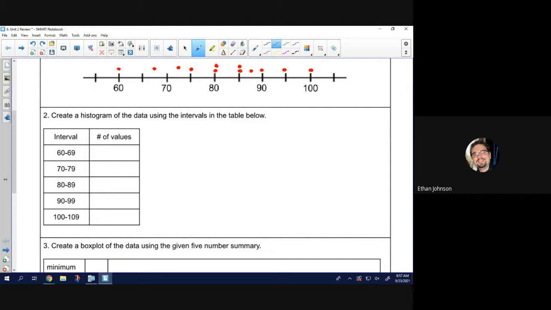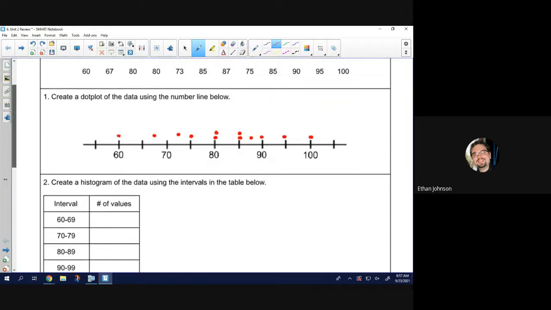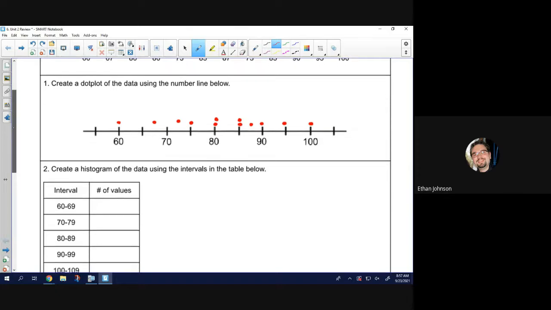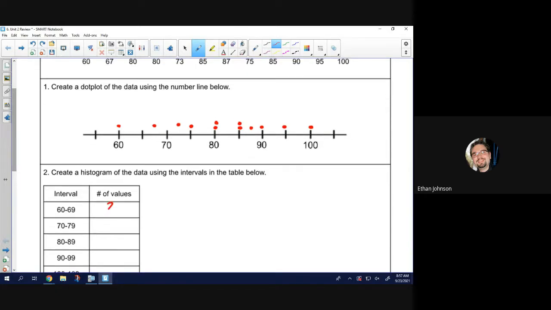So we're going to look at our set of numbers again and see how many numbers are between 60 and 69. Looking at our list of numbers, only 60 and 67, so our number of values is 2. 70 to 79, we have 2 again, so 73 and 75. 80 to 89, we have 5.